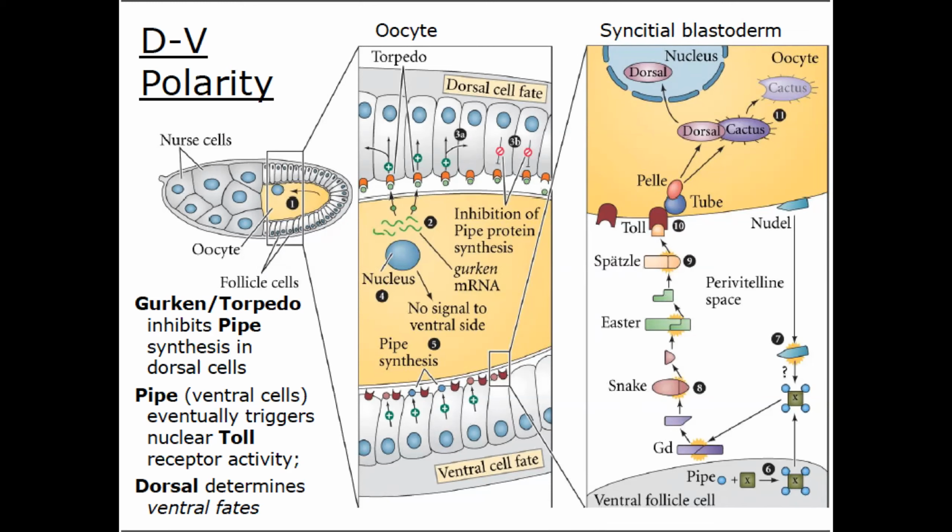These sulfated proteins are expressed on the surface, and they are important in binding a particular protein called gastrulation defective. So they're secreted, and they bind to gastrulation defective, and they will localize gastrulation defective at the ventral follicular cells.